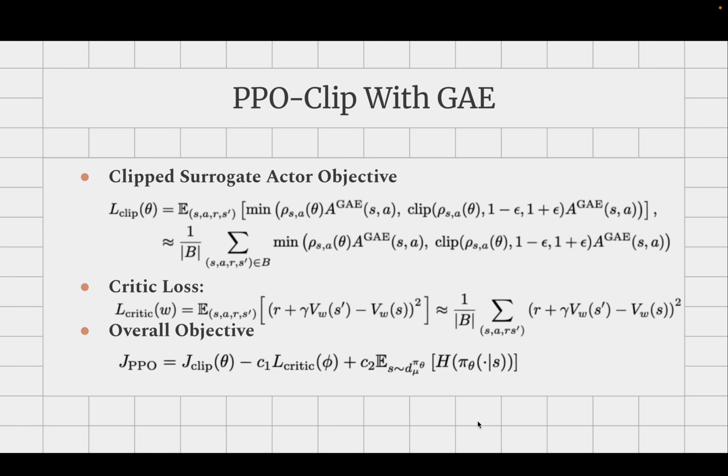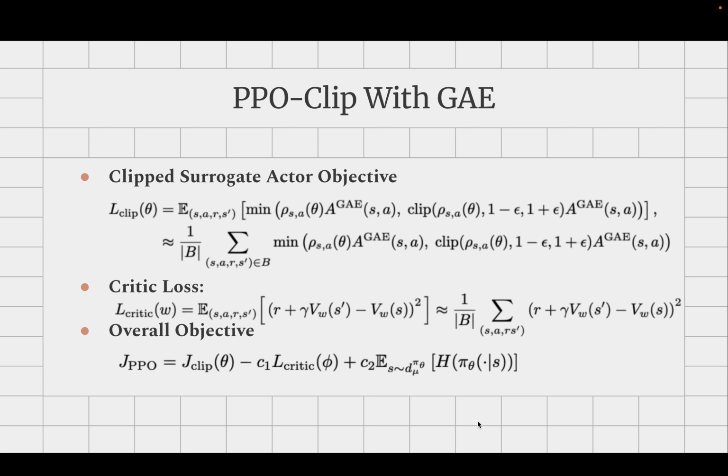PPO introduces a more stable update mechanism than the vanilla policy gradient and removes the limitation of using second-order derivatives in trust region policy optimization. The clipping objective restricts how much the policy can change at each step, which prevents sudden large destructive updates.